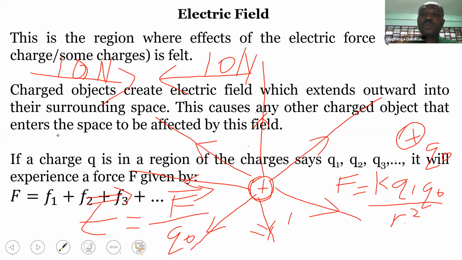So when you move closer to the bulb, you are going to intersect so many ray lines. But when you are far away, with maybe the tip of your finger, the lines that will cut through your finger will be so few compared to when you move closer to the bulb. So the number of lines that cut through a certain surface also gives us information about the strength that is felt at that point.